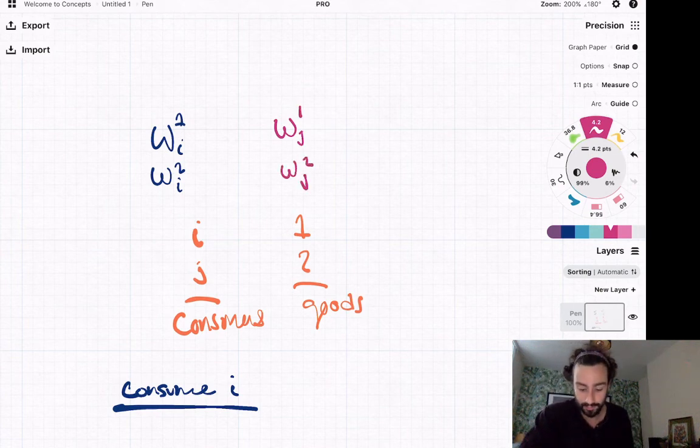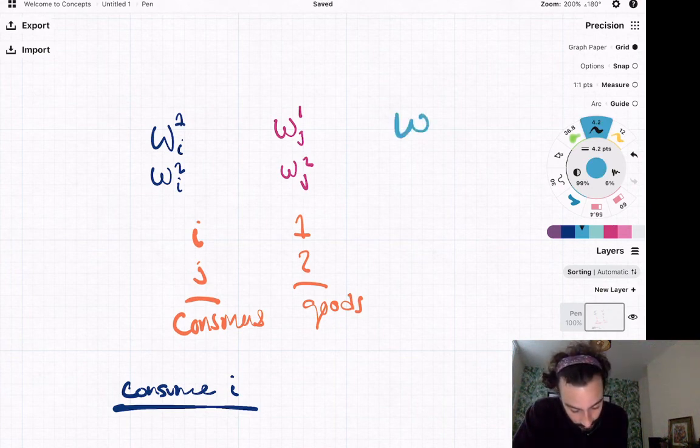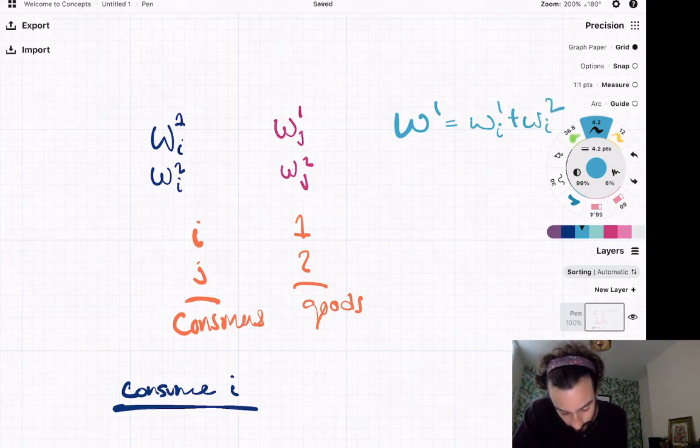Those are our endowments, and that means the total endowment is, I'm going to call this omega 1, equal to omega I1 plus omega J1, and omega 2 is equal to omega I2 plus omega J2.